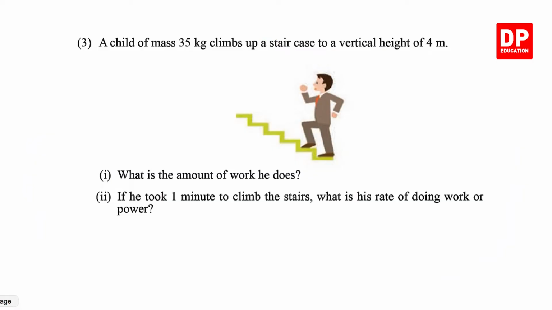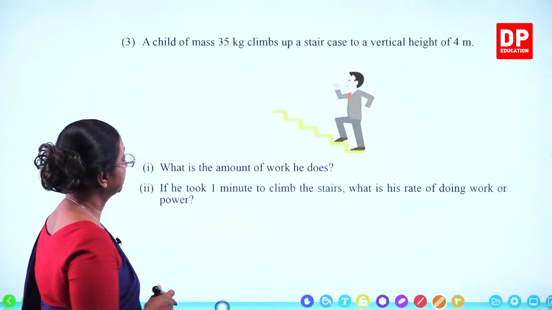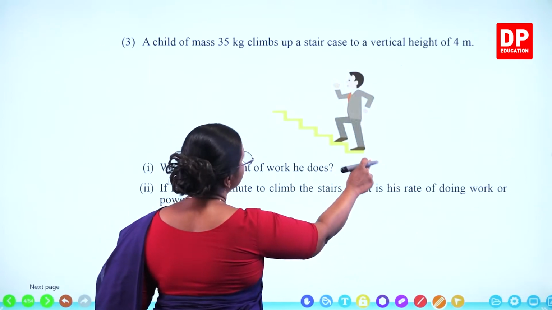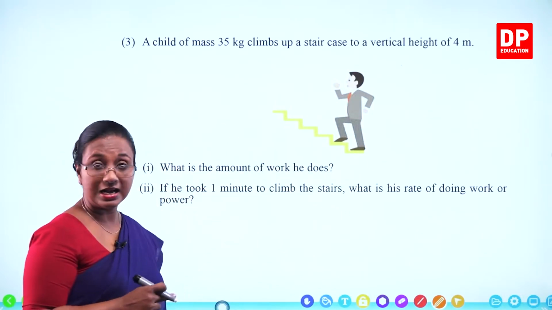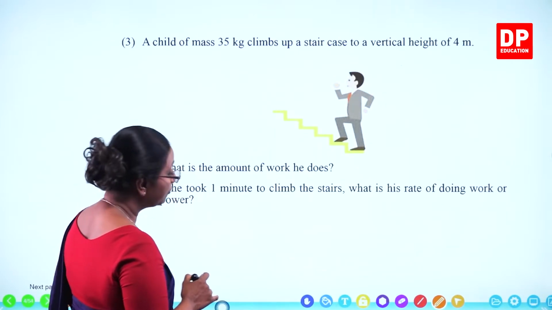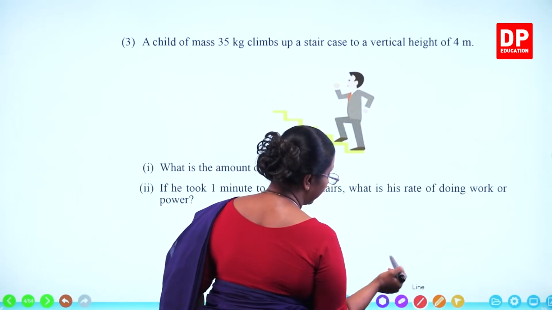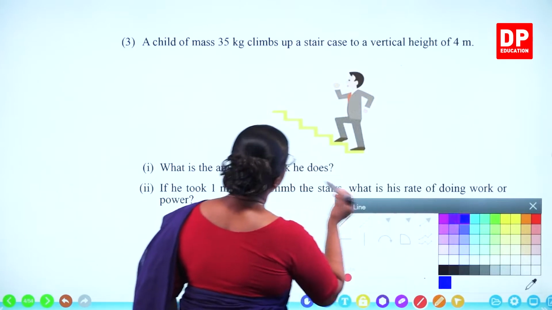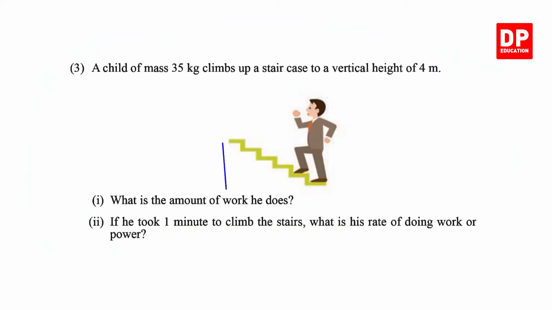This is the third question. A child of mass 35 kg climbs up a staircase to a vertical height of 4 meters. So here you can see a child is climbing up a staircase, but he reaches a height of 4 meters. What is that height? Now this is the vertical height.